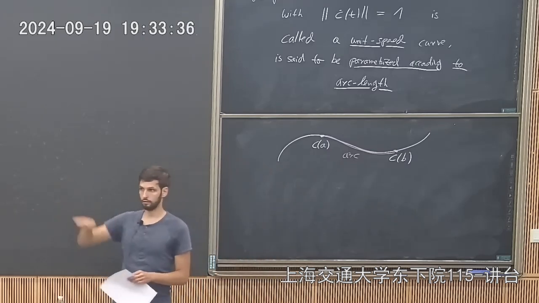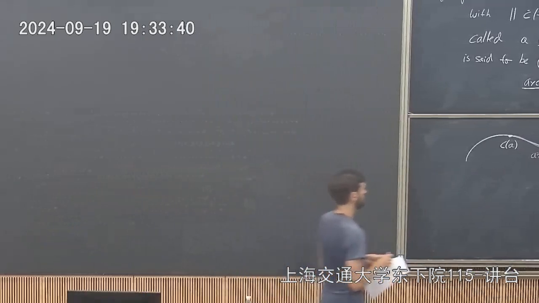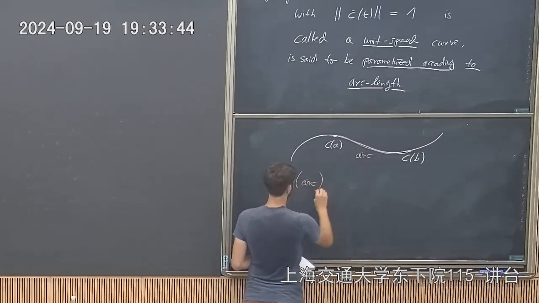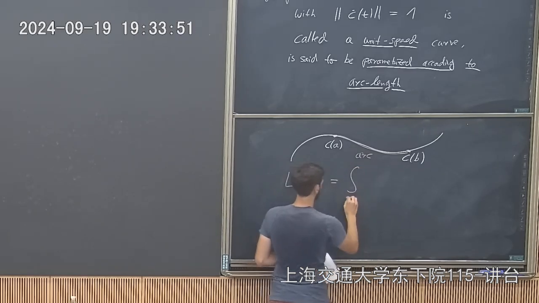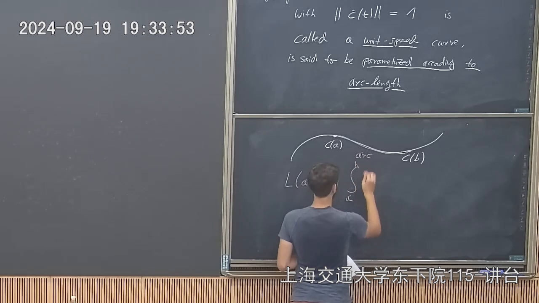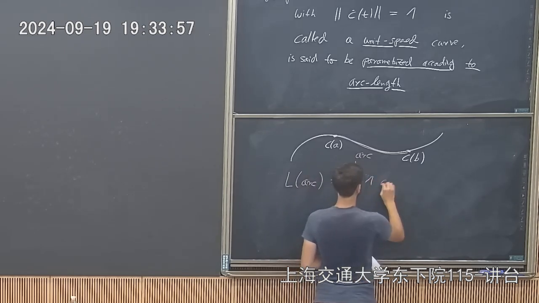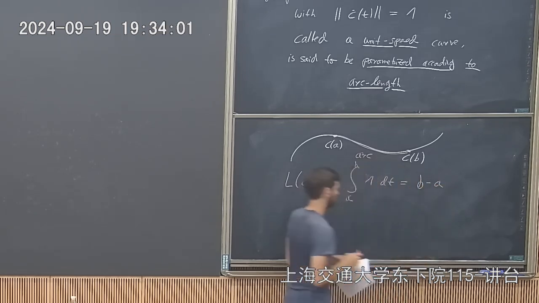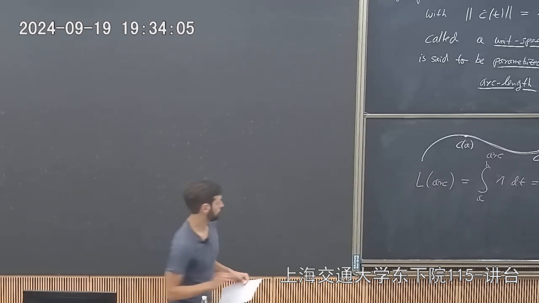It's just a part of the curve. If you calculate the length of this arc for a unit speed curve, it is just the integral from A to B of 1 dt, so this is just B minus A for unit speed curves.